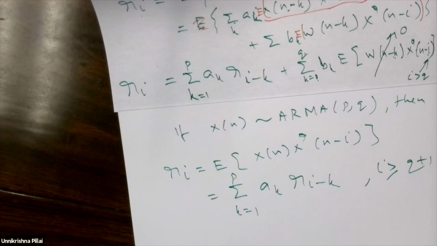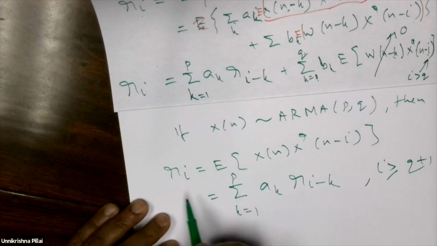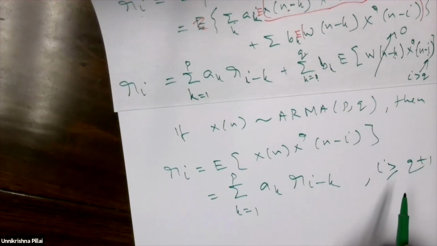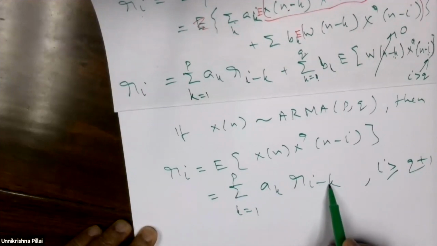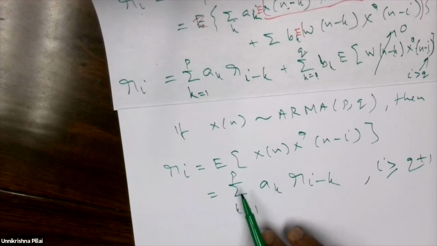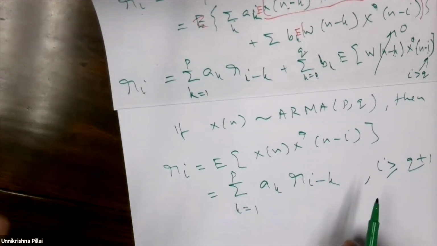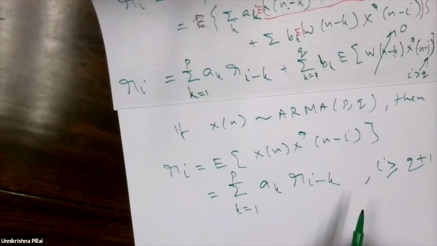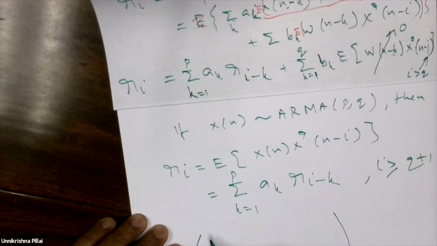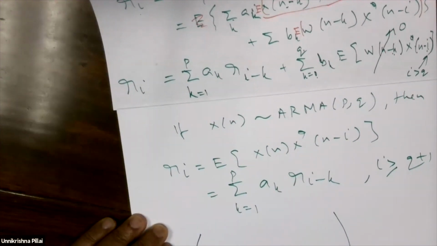And using this, if I define a matrix, so basically if you take i to be large, R_i depends on the previous p values, k equal to 1 through p. So there is a linear relation between the R_i's. Let me define a matrix like this and we can leave it at that if you want.